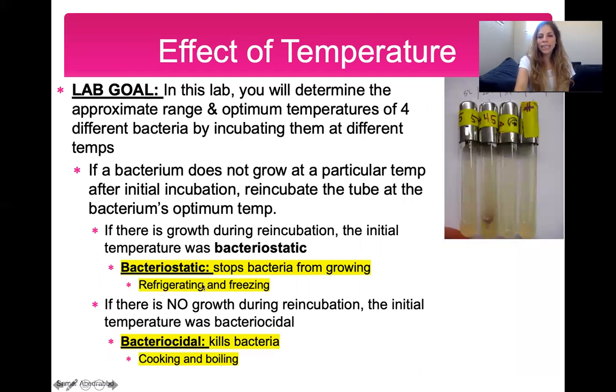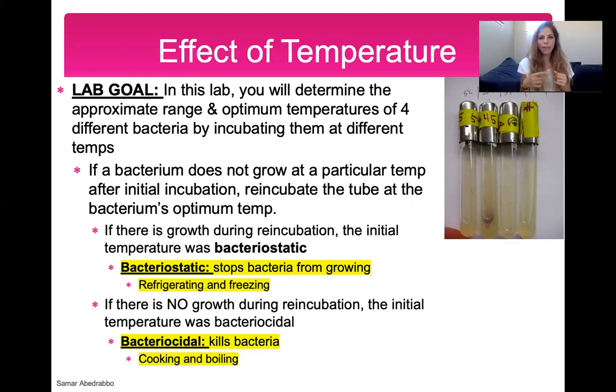So the idea of this lab, besides figuring out the minimum and maximum temperatures and the optimum temperature of each bacteria, is we wanted you, when you came in, on the agar plates where you saw no growth of bacteria, to re-incubate those tubes at the temperature that you saw the most growth at.